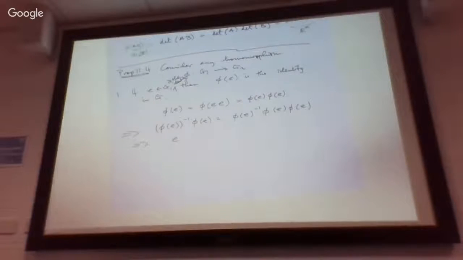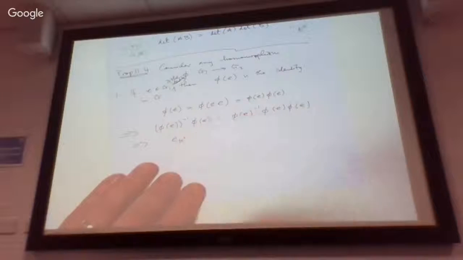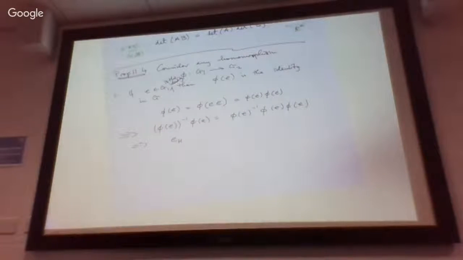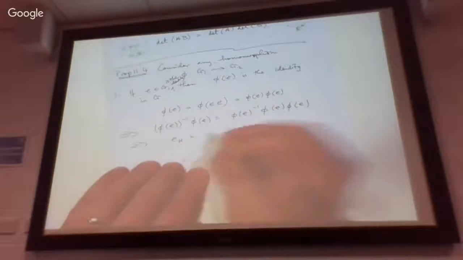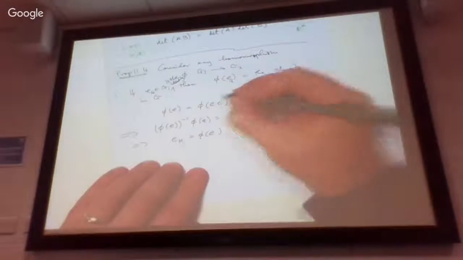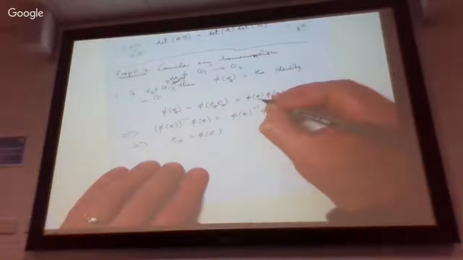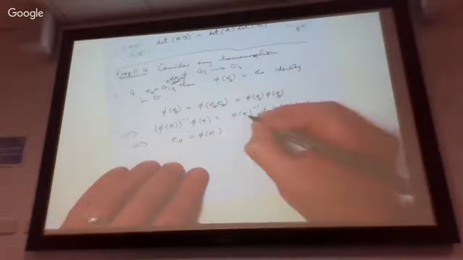In the book he calls it E prime, or let's put it better: E_H is the identity in H. Actually, probably a nicer way is to put a subscript G on the other E's, because they're the identity in G.